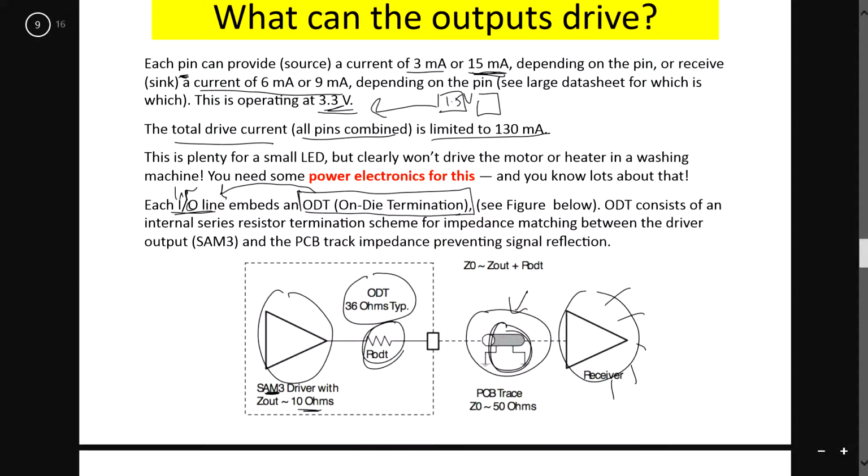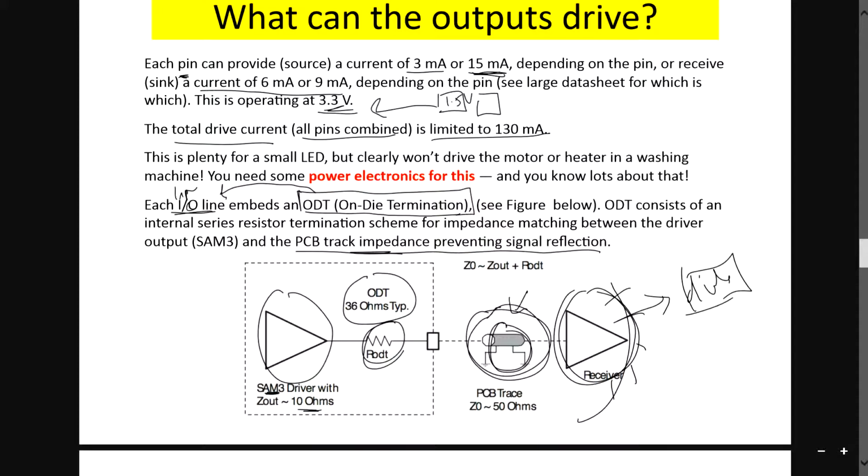Otherwise, it will not light up. If the receiver is a diode, for example. So for the PCB track impedance, preventing signal reflection somewhat helps you to prevent unnecessary output. If the impedance is the same as your ODT, then okay, it's on. If otherwise, then no way, dude, no way.